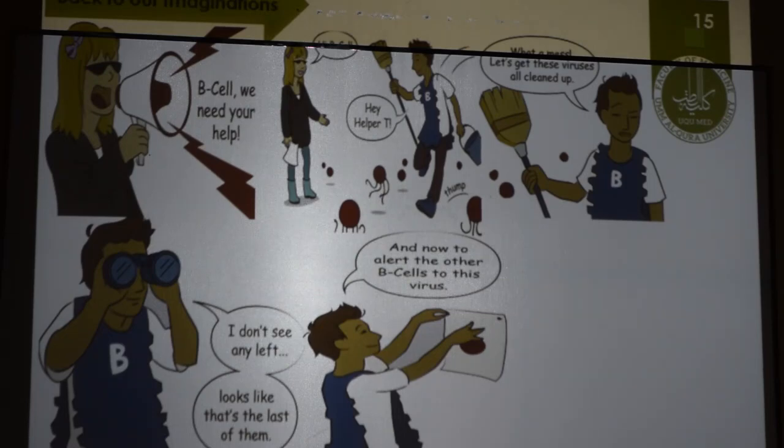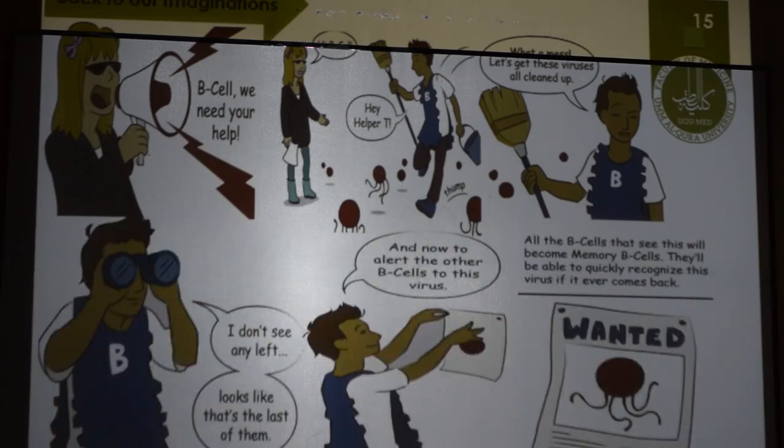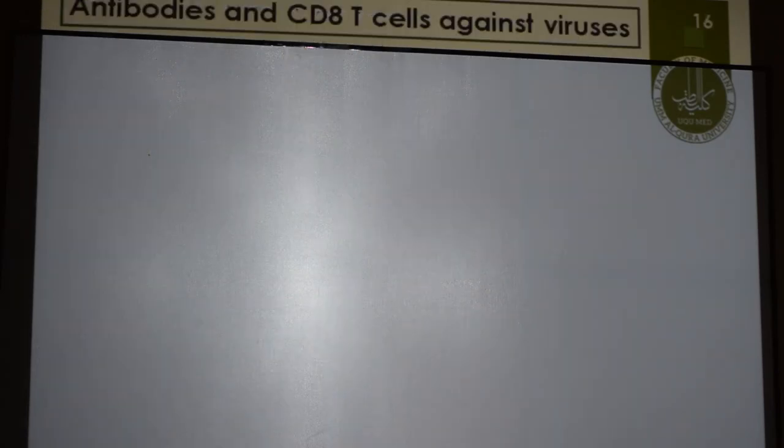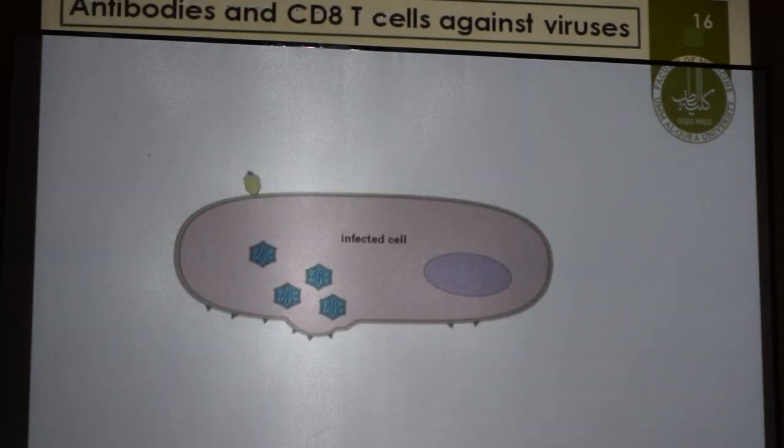But in the re-exposure, when it comes the second time, the memory B cells will produce a lot of antibodies very quickly, and they will help in neutralization and complement activation. So in the reinfection, the stronger role is that of the B cells. That's why memory B cells will be created during the primary immune response, and antibodies and CD8 cells against viruses.